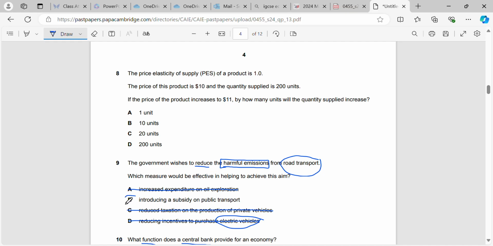So our correct option is introducing a subsidy on public transport. If we have a subsidy on public transport, that is going to increase the supply of public transport. It's going to reduce the price of public transport and make people switch from driving their own private vehicles to using public transport instead, which is going to reduce the harmful emissions from road transport.